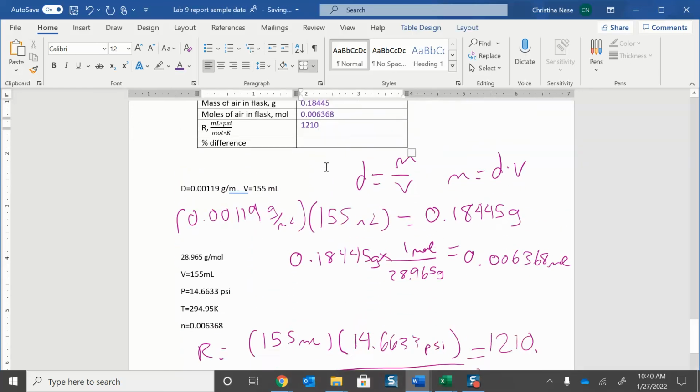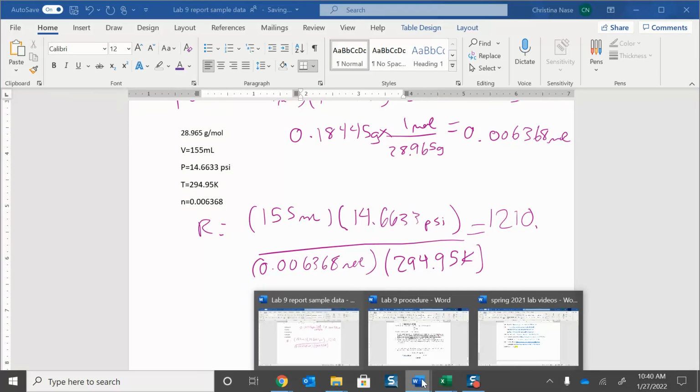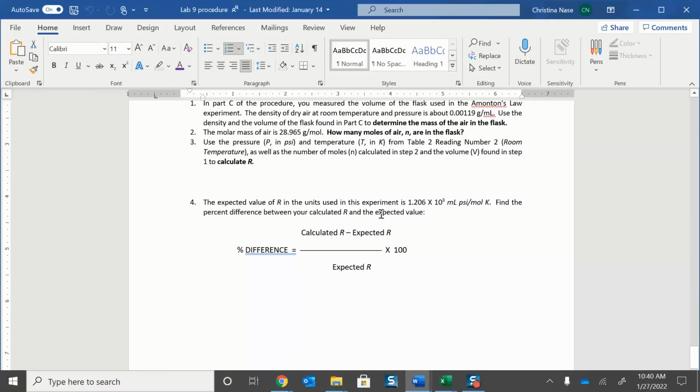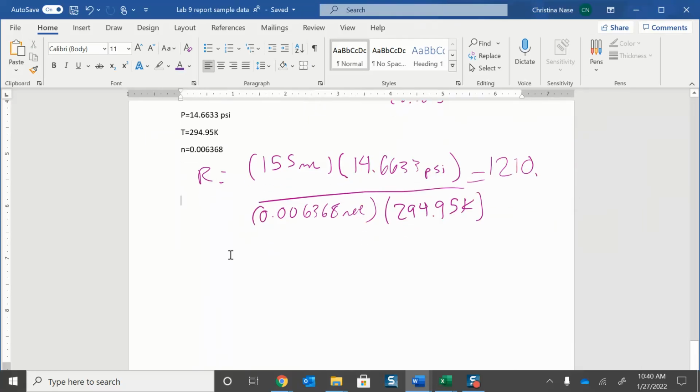Now if I go back over to the procedure, they tell you that the expected value is basically 1206, if I get rid of this times 10 to the 3. So then I can calculate the percent difference, and this is how they tell you to calculate it. I can copy that over. There are a few different ways; we'll do it this way. My calculated value is 1210.